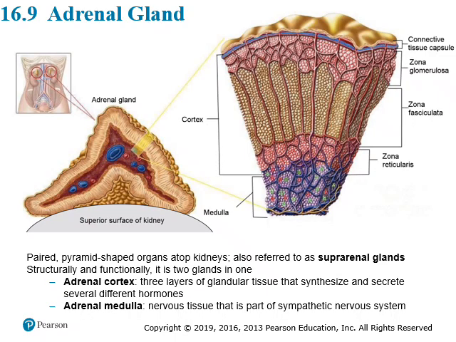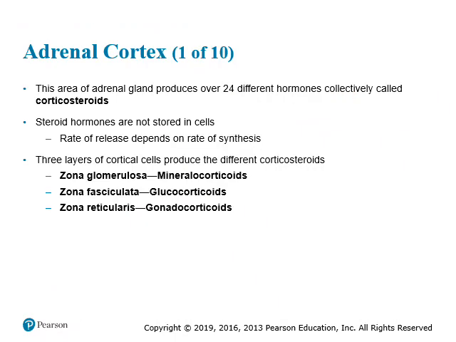So, your adrenal cortex, pretty much this area of the adrenal gland, produces over 24 different hormones collectively called the corticosteroids. The steroid hormones are not stored in the cells. The rate of release depends on the rate of synthesis.